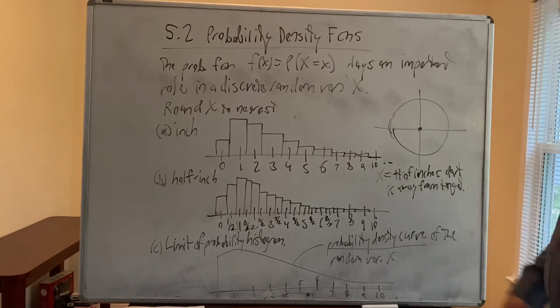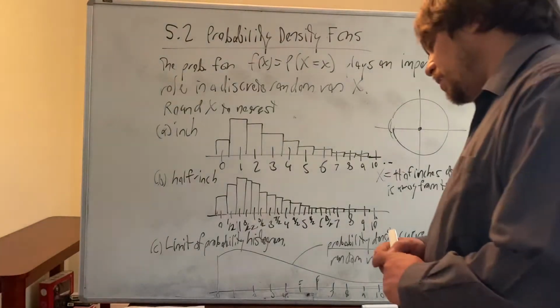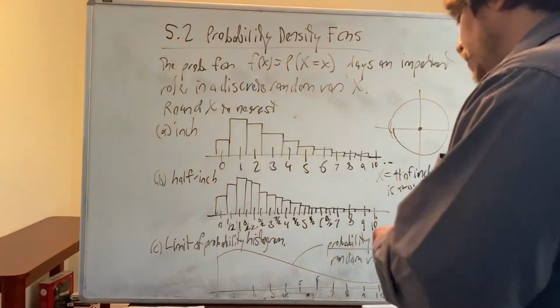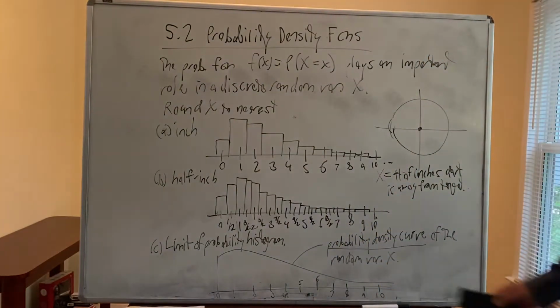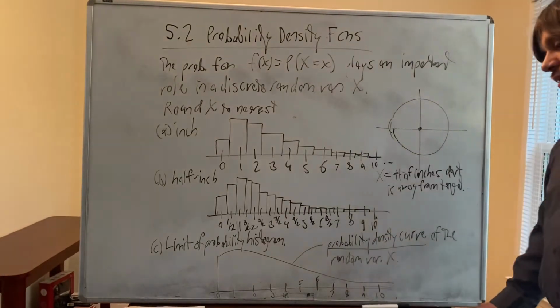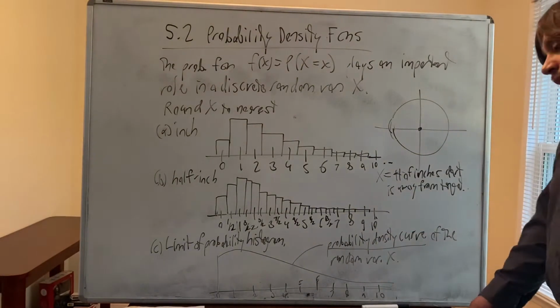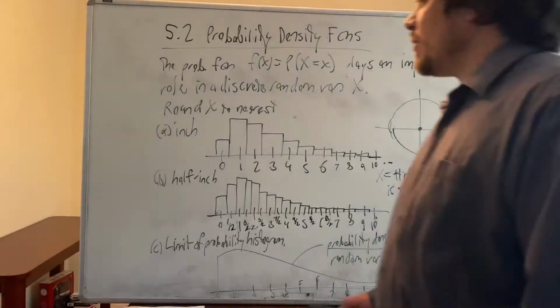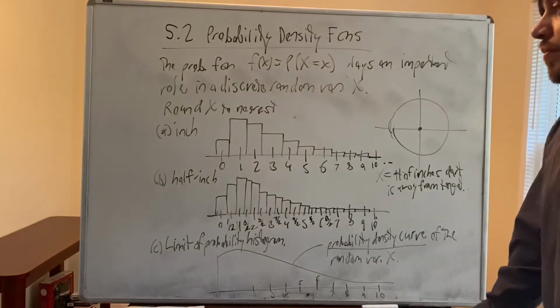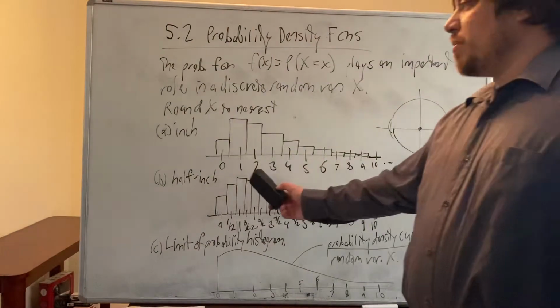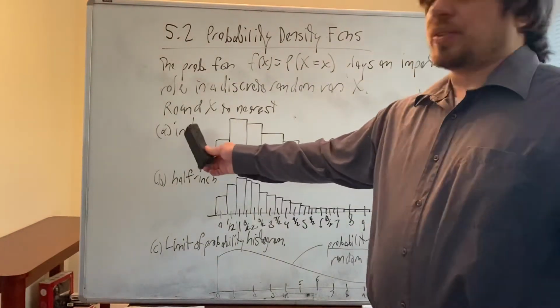Okay, so that's the probability density curve. It's the limit of these histograms. This is the histogram of the discrete random variable where you round it to the nearest inch.